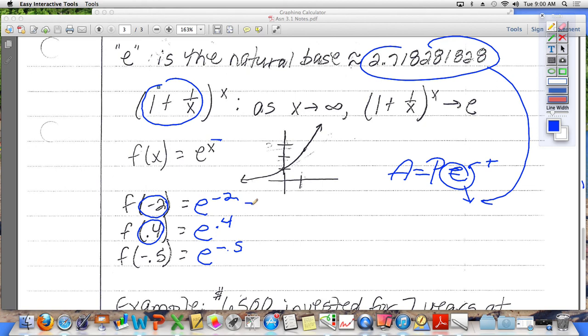If I can have some help, that would be great. 0.1353. Okay. This one you're going to do second ln to the 0.4 power, and then the last one you do second ln to the -0.5 power.